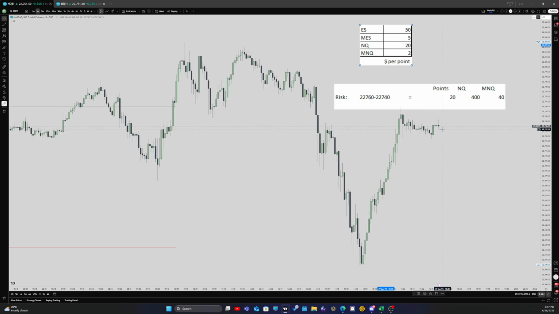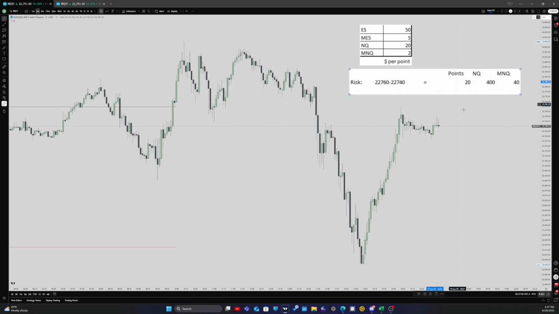So you have the current price, the high here. If I want to go in a short, 22,760 minus 22,740. If I want to go on a long, for example, let's say I want to place my stop here, I would have 22,740 minus 22,727.